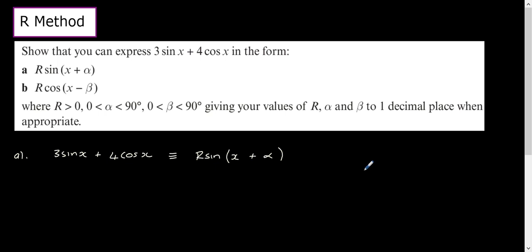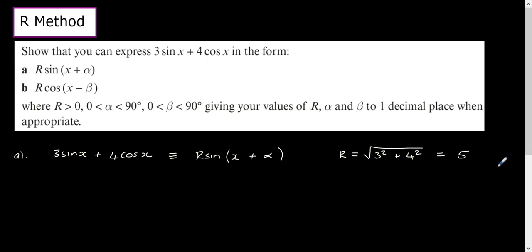Now, there's one simple process, and it's the same process every single time. Okay, the first step is to evaluate r. Now, we use Pythagoras' theorem for this. We take the numbers here, the coefficients of sine x and cos x, a and b, if you like, 3 and 4, and we square them, we add them, and we square root the answer.